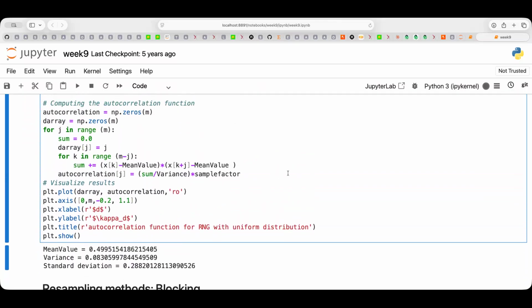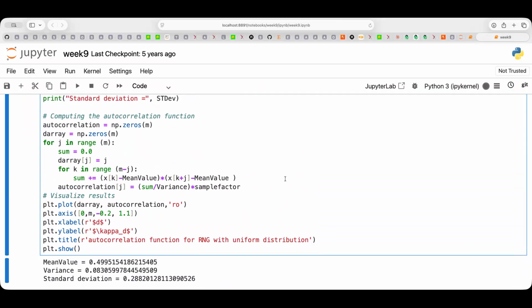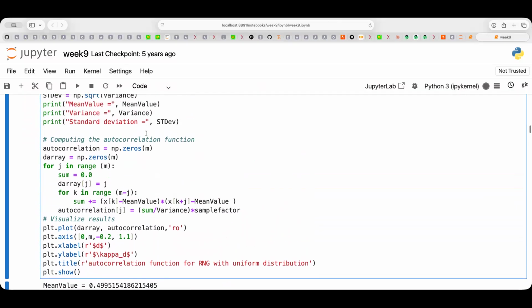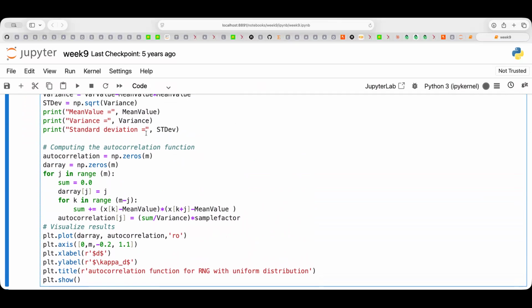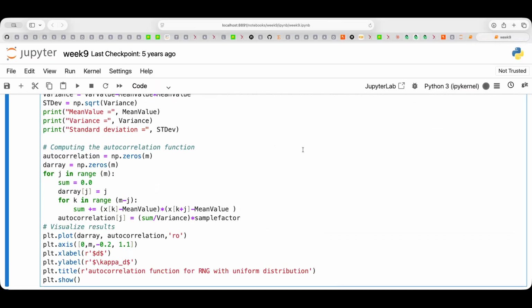So that's an example of why you don't want to calculate the autocorrelation. And this is a small set of data. If you were to generate 1 million data and do a post-analysis where you calculate the autocorrelation function, it would take time. So don't do that. Let me just stop this one.